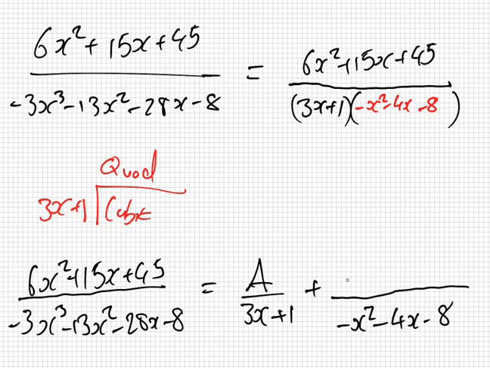So what should I put here in the numerator? Bx plus C. And I do not expect the B or the C to be 0. If it is 0, that's just by accident, but I have no expectation that the B or the C should be 0. So I cannot say one of these should be 0.